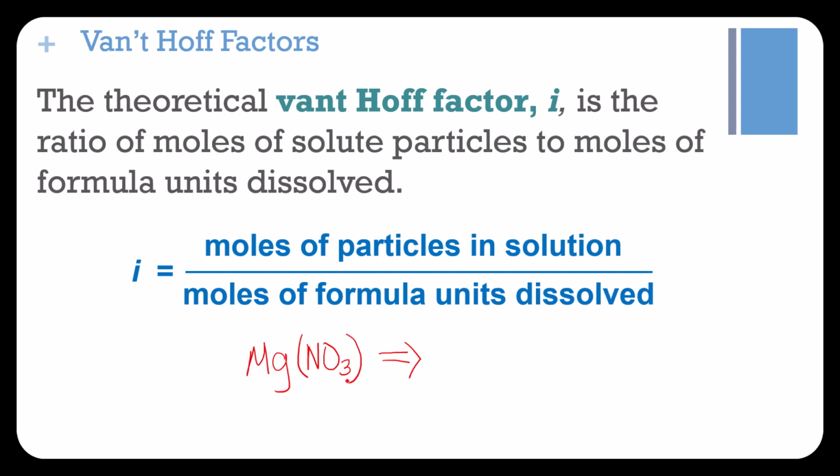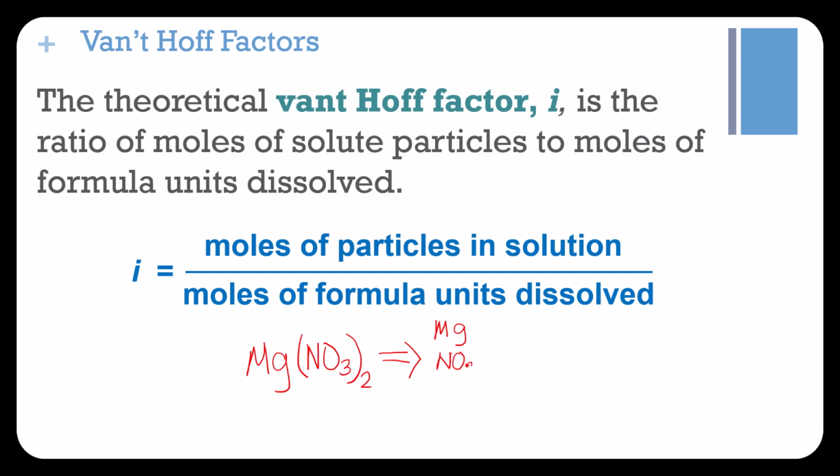When I put magnesium nitrate into a solution, it is going to dissociate or break apart. And the way that it's going to break apart is it's going to break apart into magnesium.